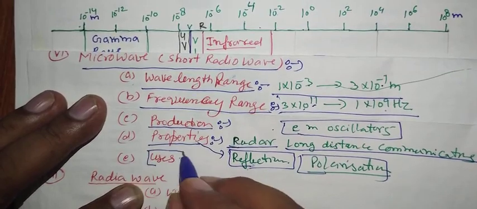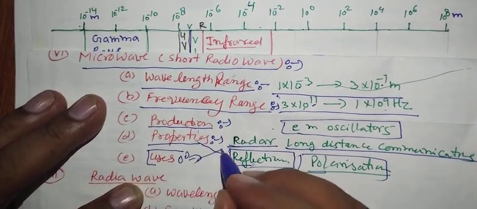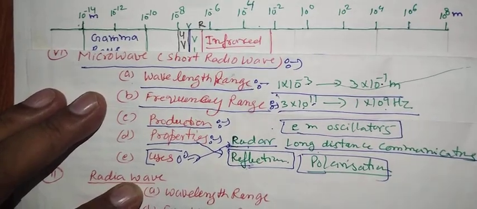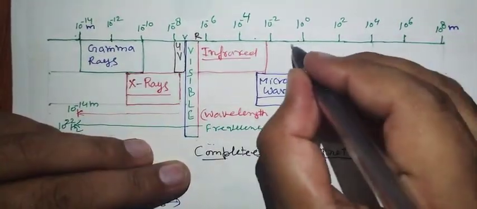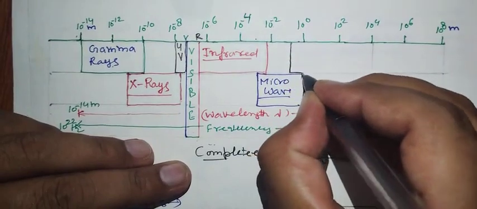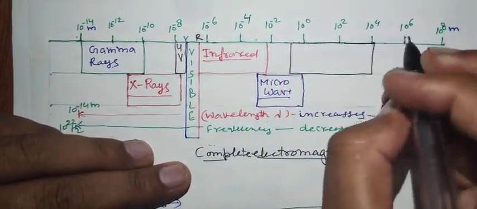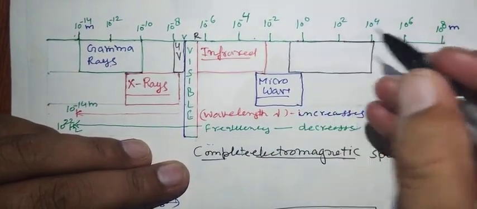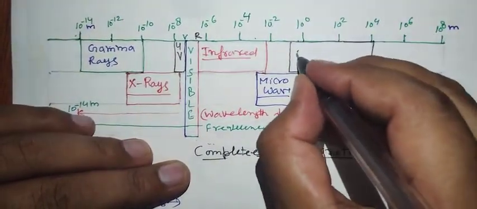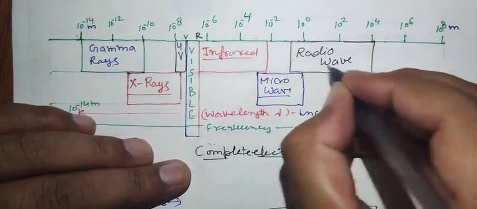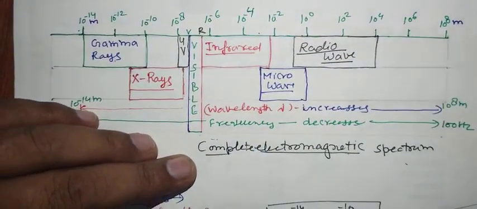The uses are radar and long distance communication. After microwave, see the wavelength range from here to this. This signal is called radio wave, this electromagnetic energy.